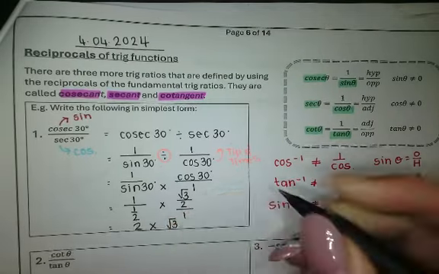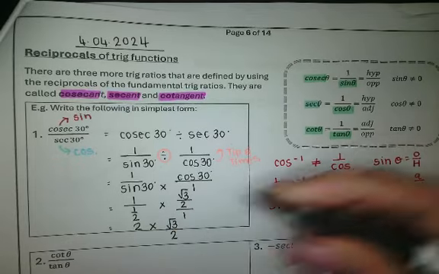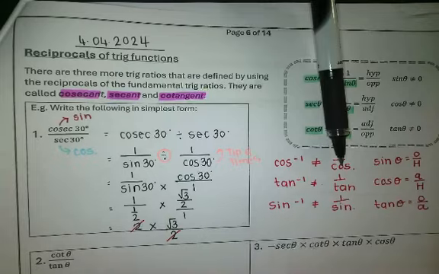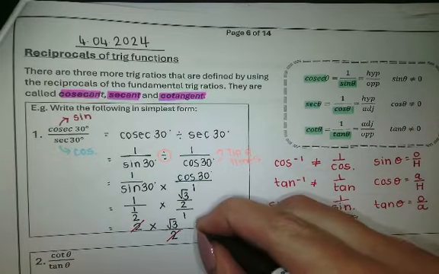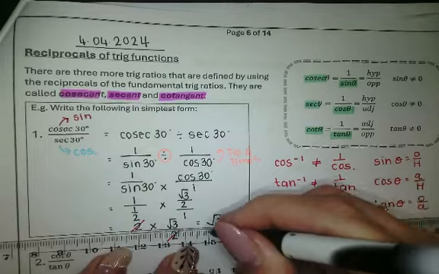Are you guys good? Okay, what can you see that can cancel here? My 2's. So what is my final answer? Root 3.